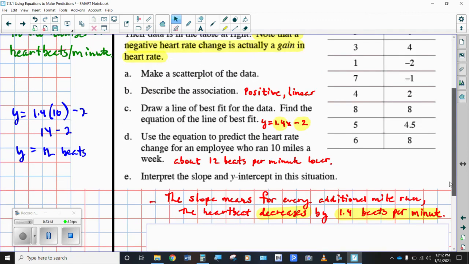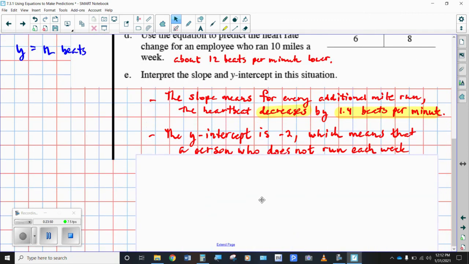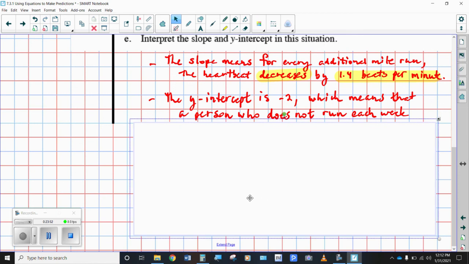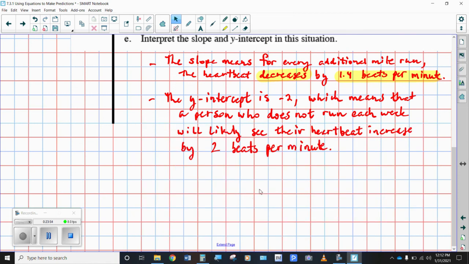And what does the y-intercept in this particular situation imply? It implies that being at -2 is that someone who does not do any exercising at all to increase their cardiac health will see their heartbeat most likely increase by 2 beats per minute.